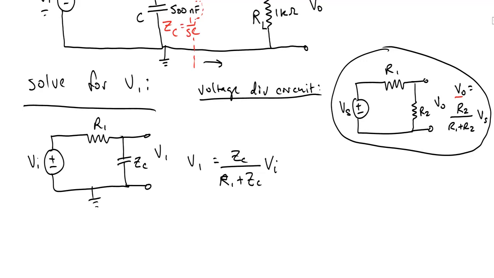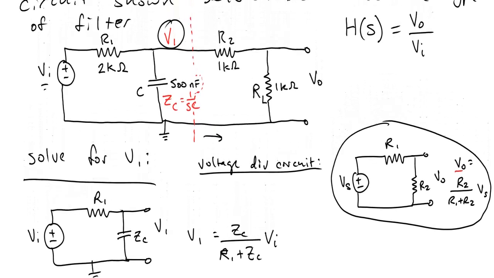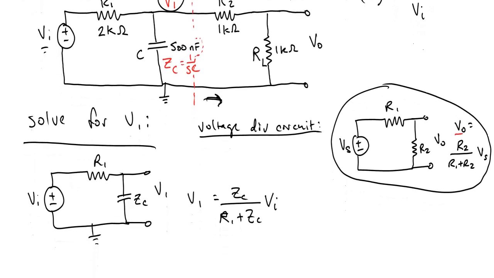Now that we've got V1, let's move on to the right side of this circuit, where we have another voltage divider. We have R2 and RL in a voltage dividing setup. So let's take it again as a voltage divider problem, and we'll solve for V out.